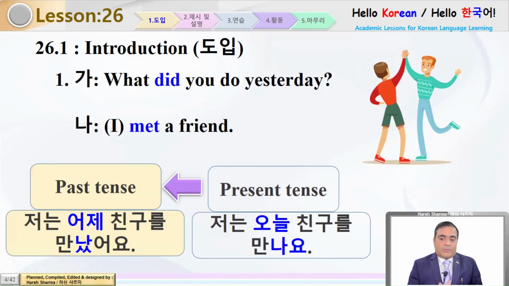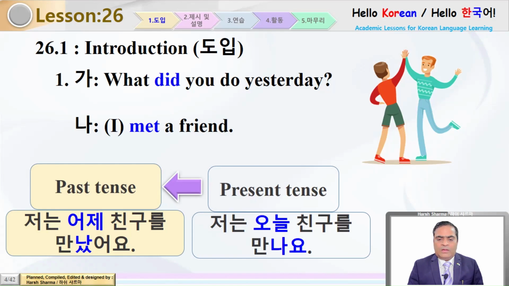Let's check what we are going to do today and how. See this first sentence: What did you do yesterday? I met a friend. If we see this sentence, below it there is a present tense sentence. Present tense sentence: 저는 오늘 친구를 만나요. You remember we have completed the 아요, 어요 ending for the present tense.